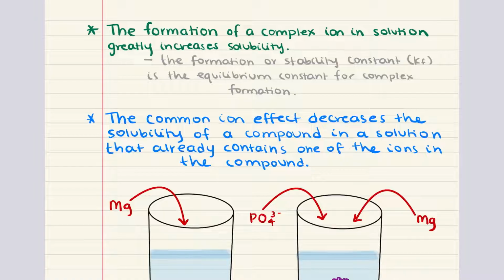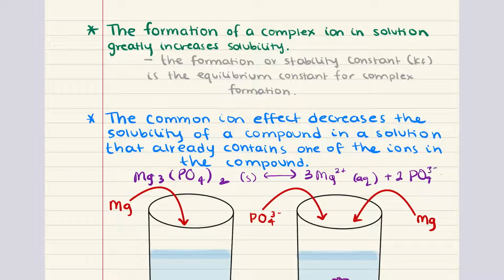So let's consider the example of magnesium phosphate. Let's take magnesium phosphate dissociating in water. The dissolution of magnesium phosphate can be represented by the following equilibrium equation. Magnesium phosphate dissociates into 3 magnesium cations plus 2 phosphate anions.